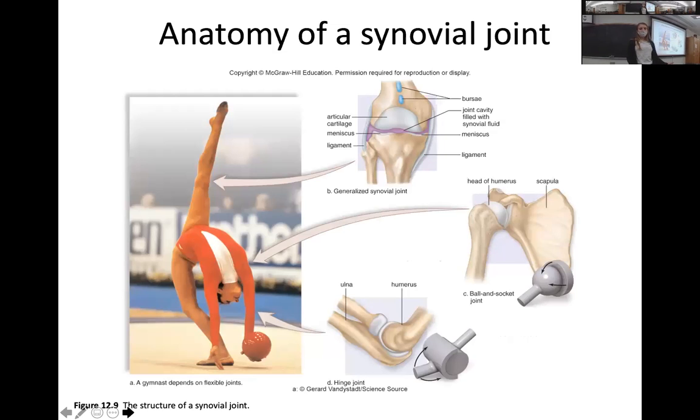So that top image is a synovial joint, and that is your knee, and it's showing in the blue and purple, mainly that light bluish gray color, the different ligaments. And then you've got some articular cartilage and some joint cavity filled with synovial fluid. So there's fluid in your joints, and that's the one at your knee.